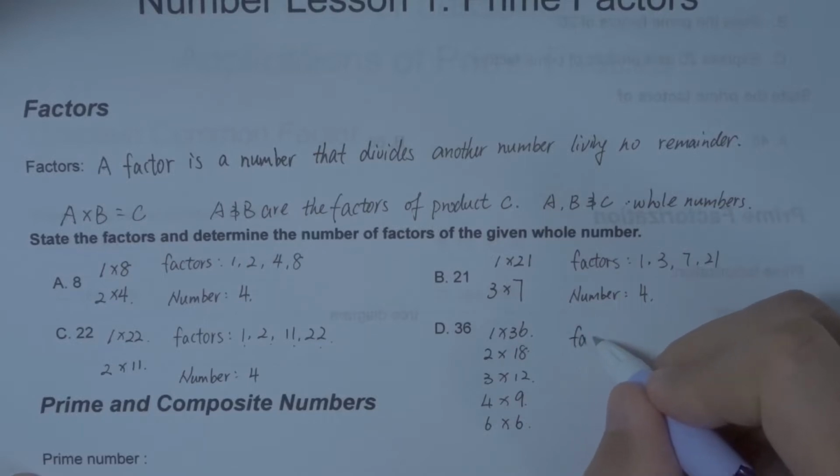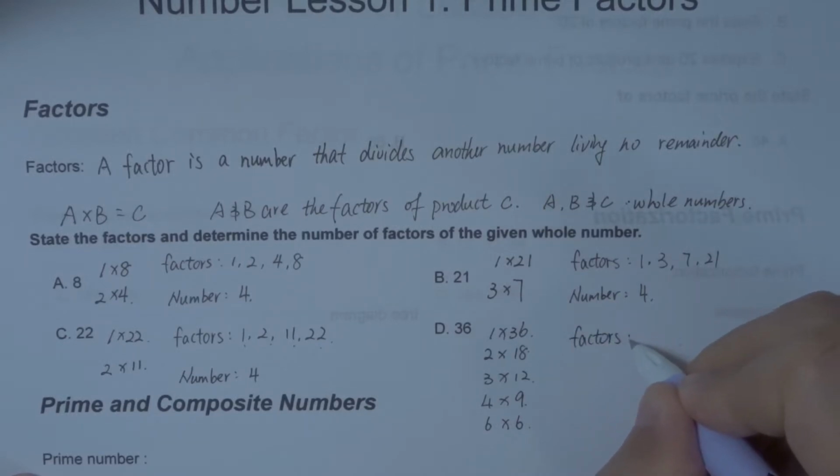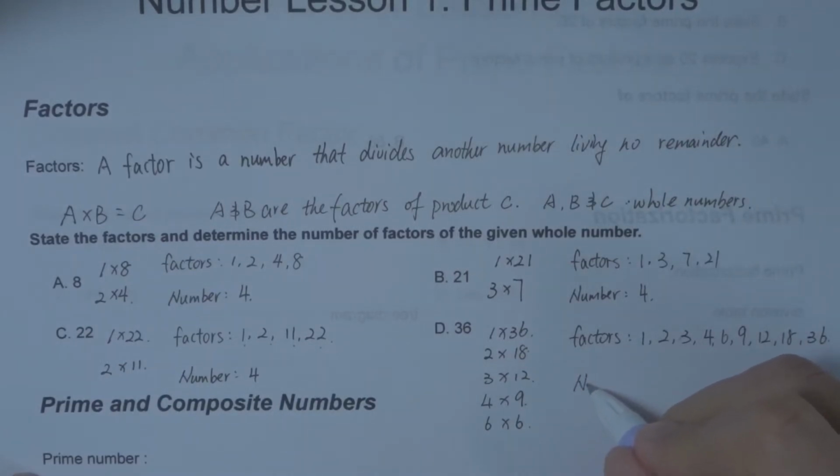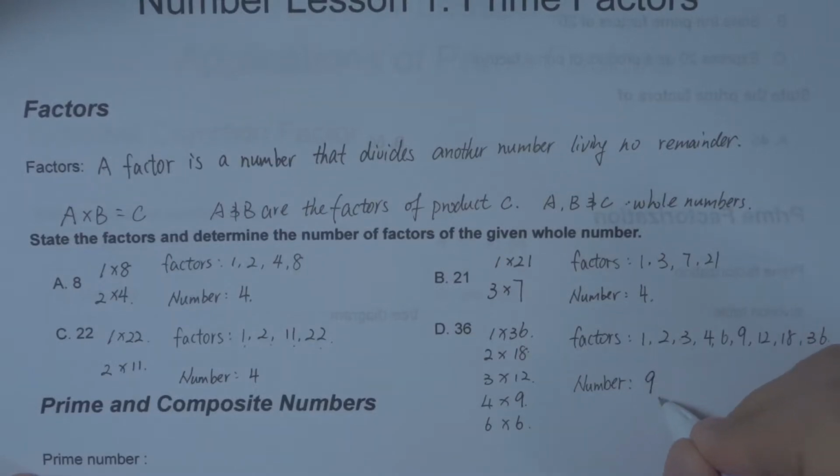So the factors are 1, 2, 3, 4, 6, 9, 12, 18, and 36. How many factors? There are 1, 2, 3, 4, 5, 6, 7, 8, 9. There are 9 factors.